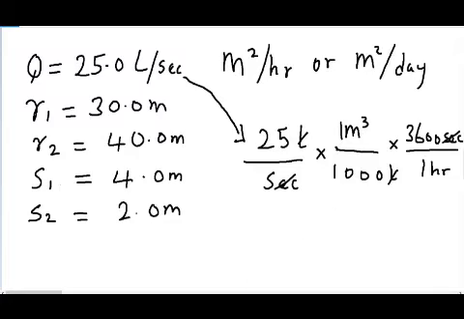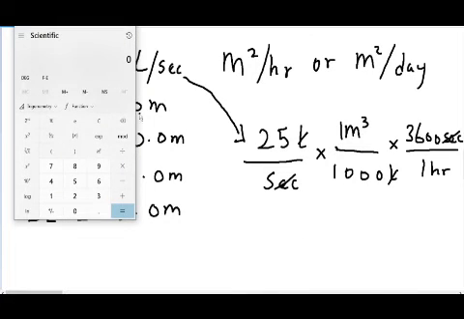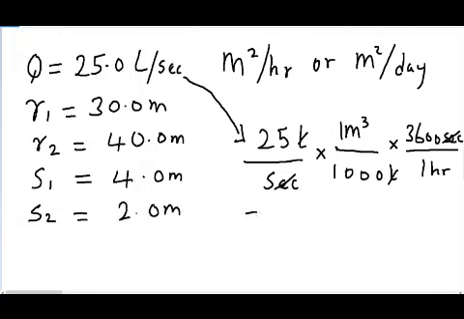So now let's multiply 25 by 3600 and divide it by 1000. So we have 90 cubic meters per hour.